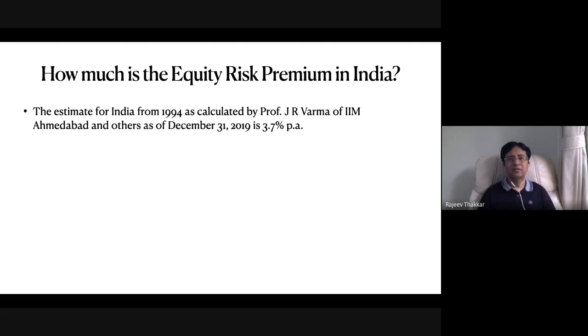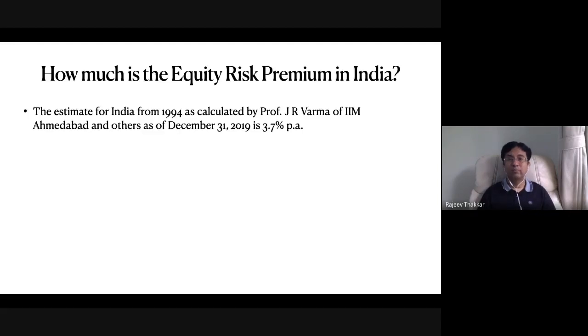So the question arises, how much is the equity risk premium in India? Since most of us are interested in equity investing in India. So the calculation by Professor J.R. Verma and others on the IIM Ahmedabad website is around 3.7% per annum.